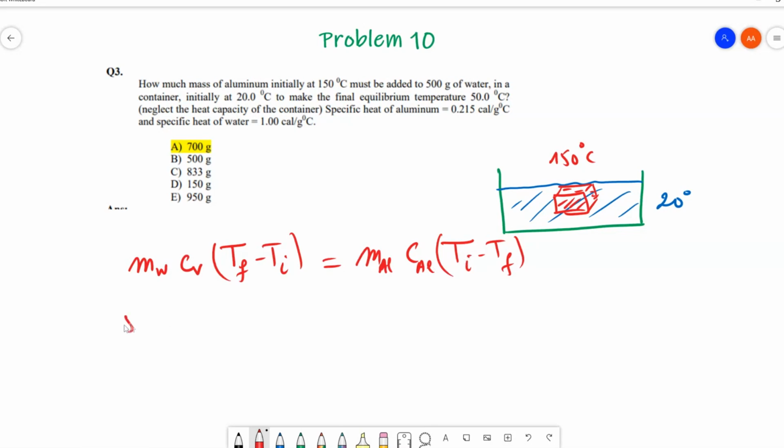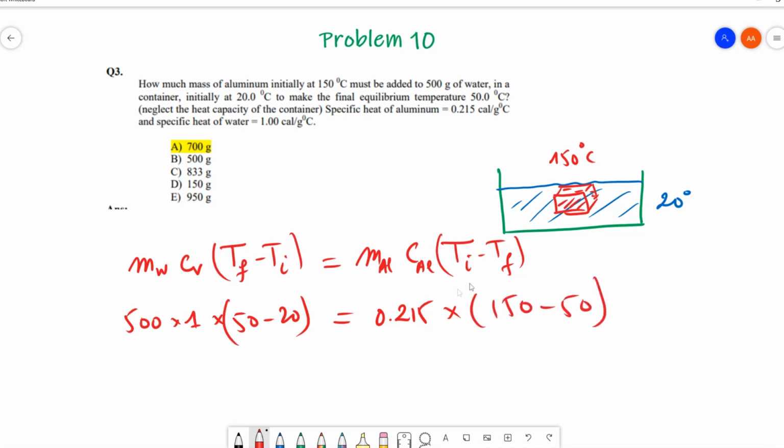So here 500 grams multiplied by 1 multiplied by 50 minus 20. The final temperature is 50. This is equal to the mass of aluminum, M, times 0.215 multiplied by 150 minus 50.